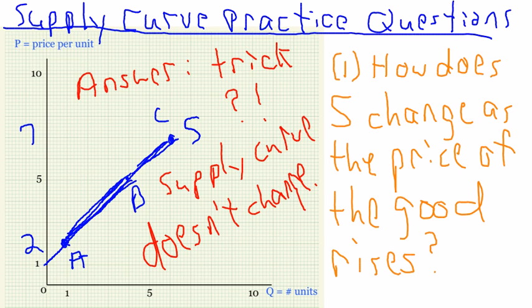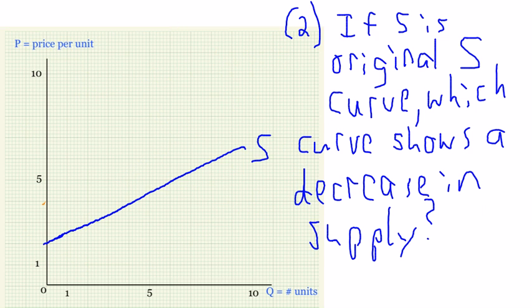Question 2. I'll start you off with a supply curve here, the blue line. Now I'm going to draw two other supply curves. One that starts at the same intercept and has a steeper slope, S prime. Another one that's a parallel shift, S double prime.